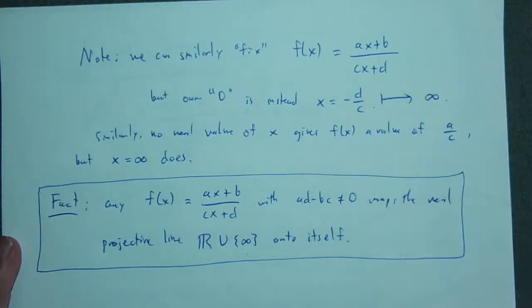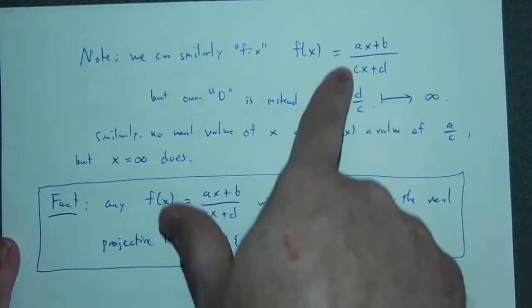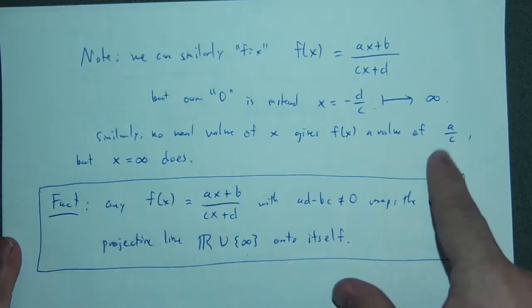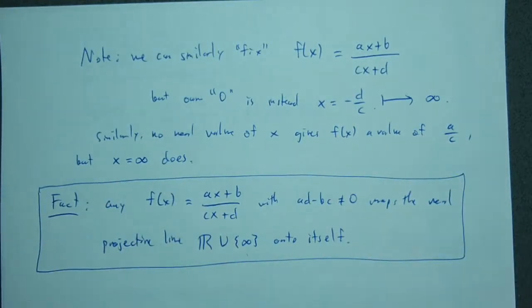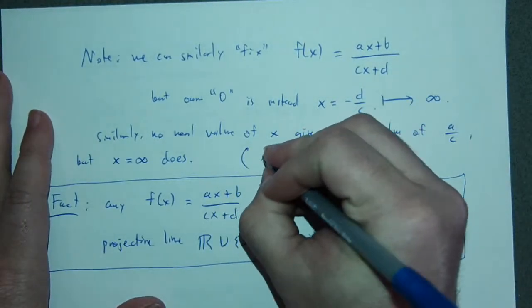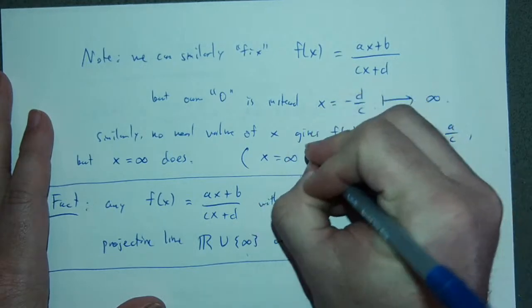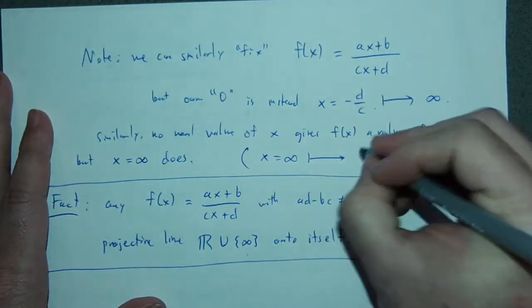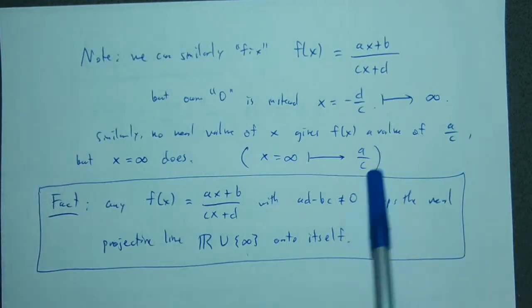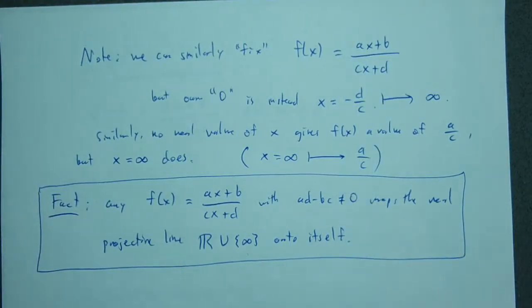Likewise, infinity gets sent to a over c. So if x is equal to infinity, this gets sent to a over c, because otherwise, a over c is something that doesn't get mapped to here.